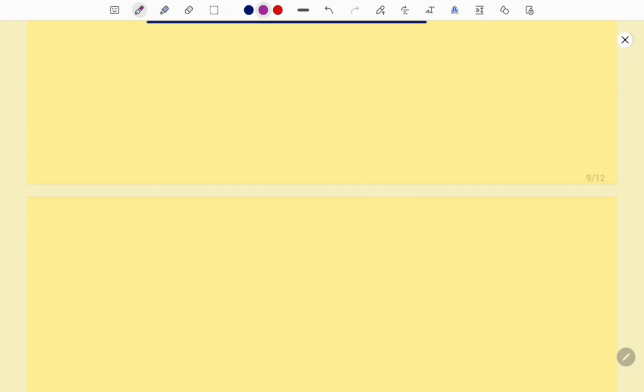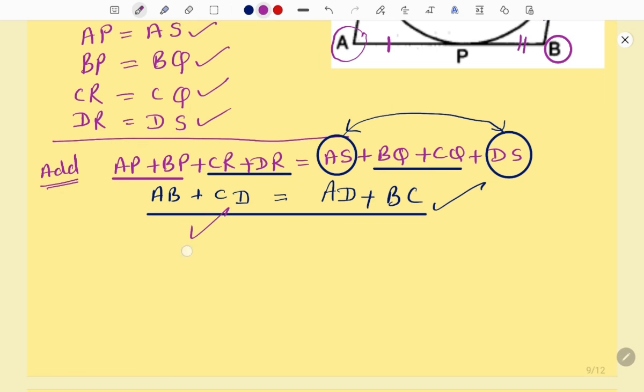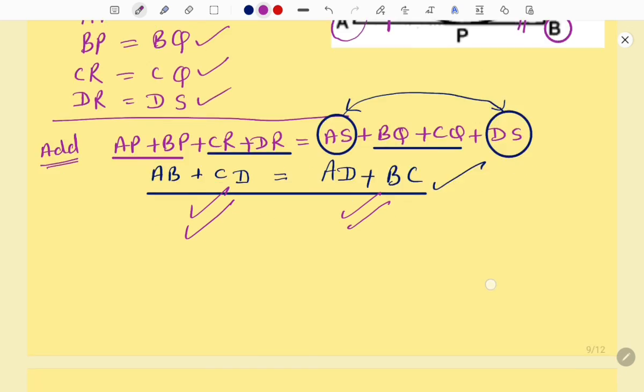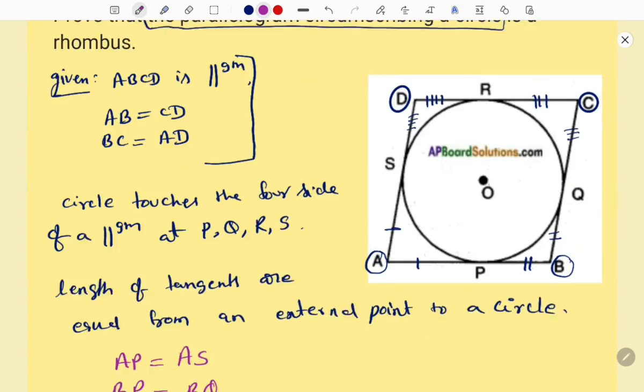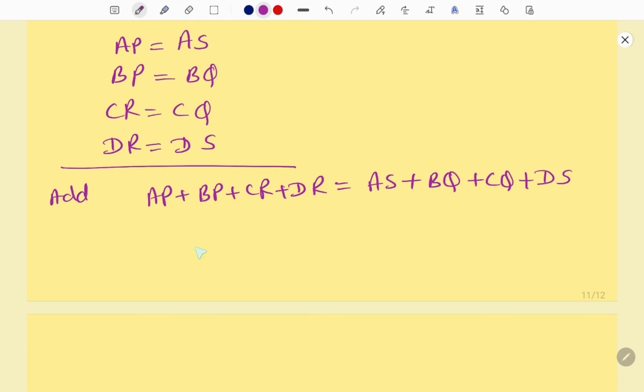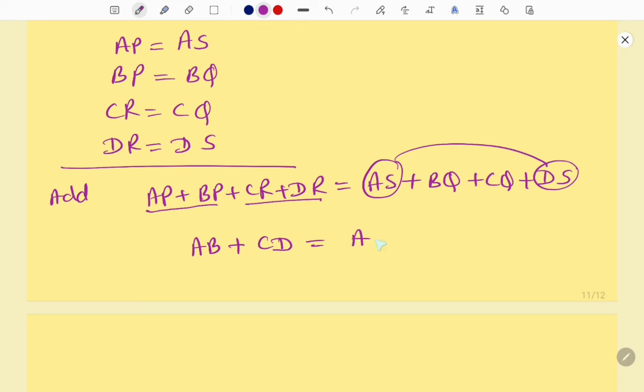According to this, AB plus CD is equal to AD plus BC. So here also we can get that. AB plus CD is equal to AD plus BC.